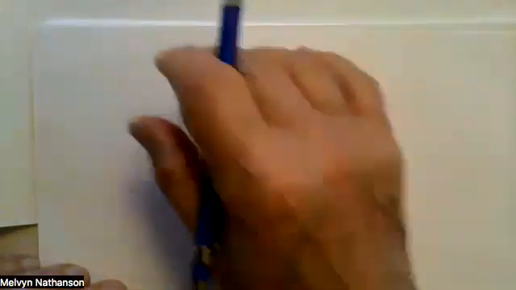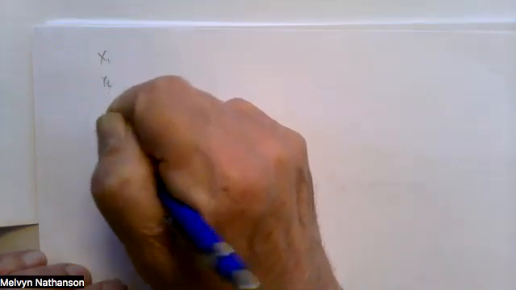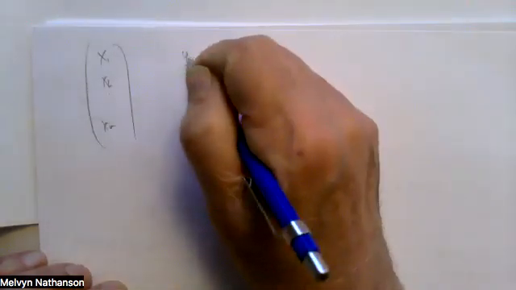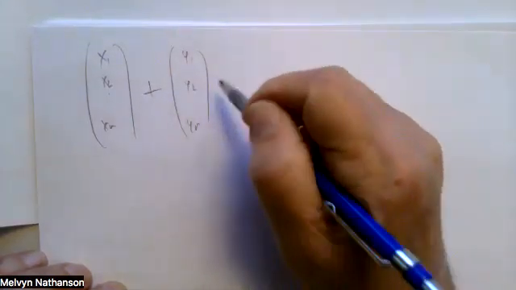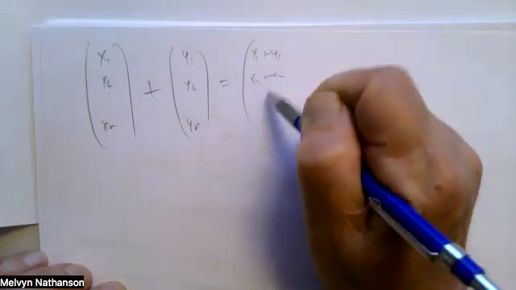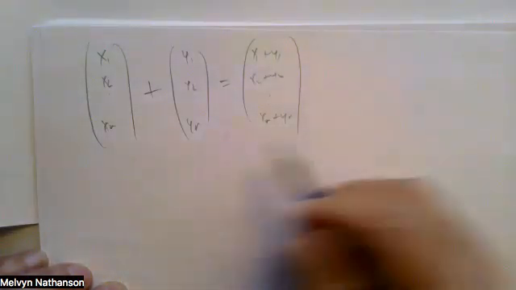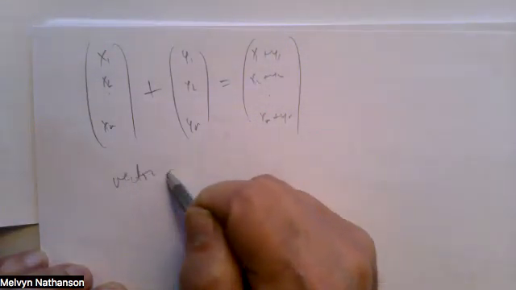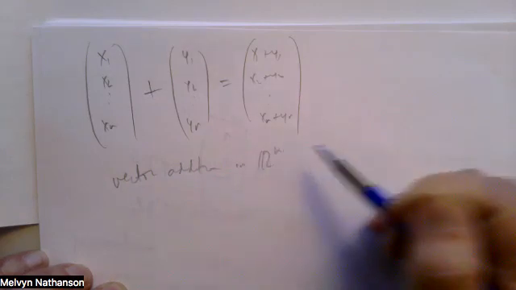And we define how you add and subtract vectors. If you have vectors x1 down to xn and y1 down to yn, you define addition coordinate-wise. And so this is vector addition in Rn.